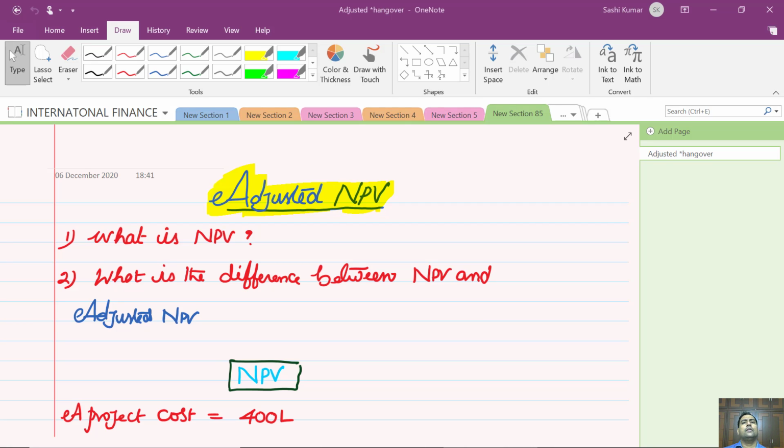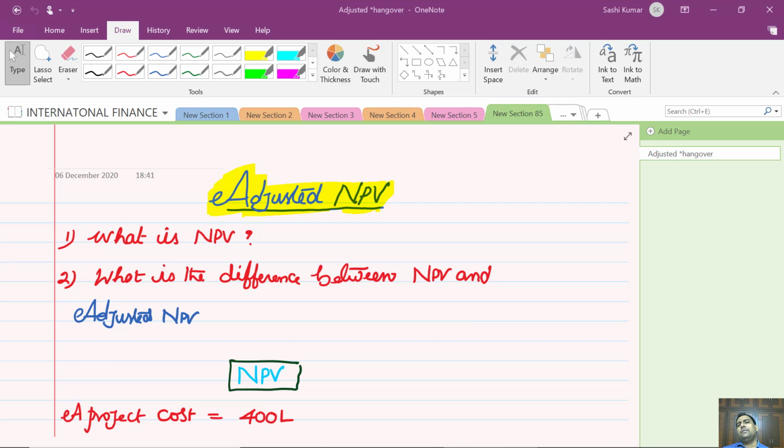Of course, NPV methodology and adjusted NPV methodology both are project evaluation techniques. The purpose of these two is to evaluate long-term investments, whether they are worthwhile or not. So we are deciding the profitability of the project using these techniques. However, the methodology of computation is quite different.